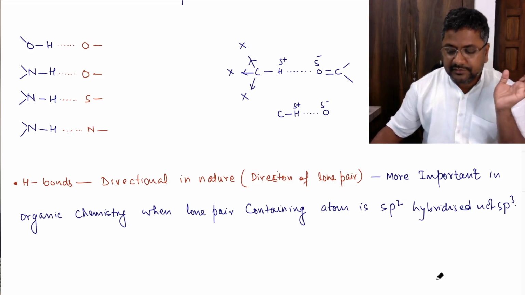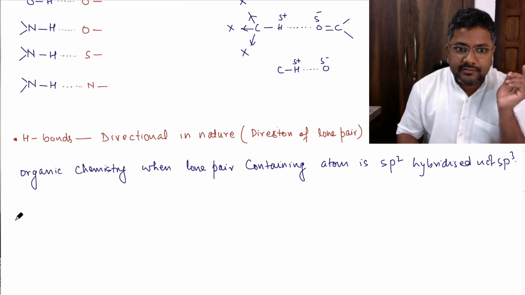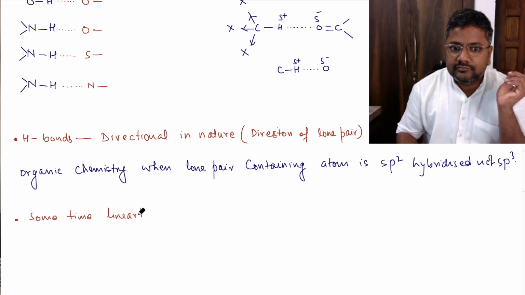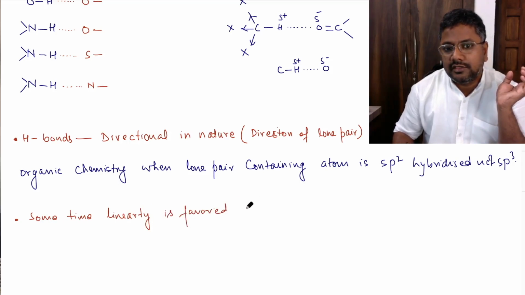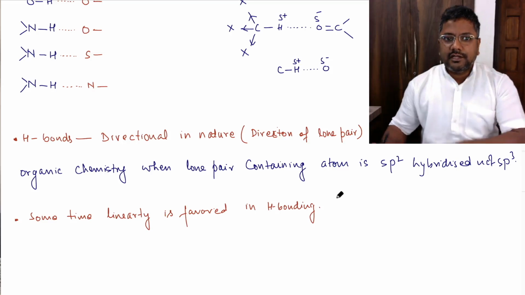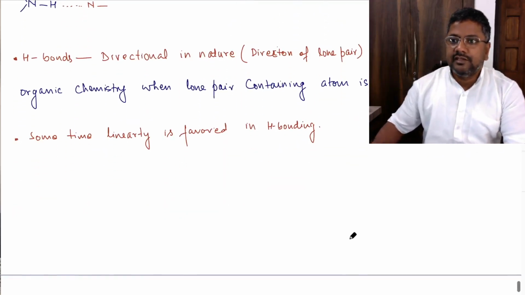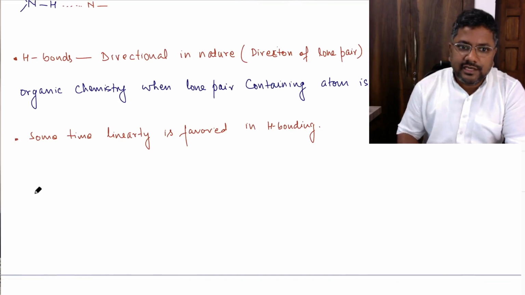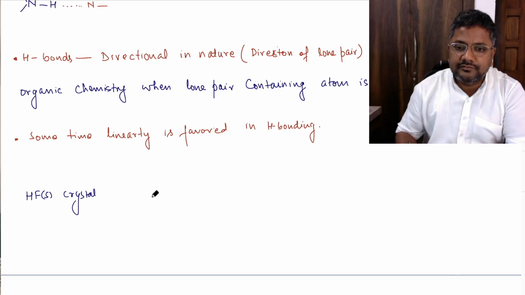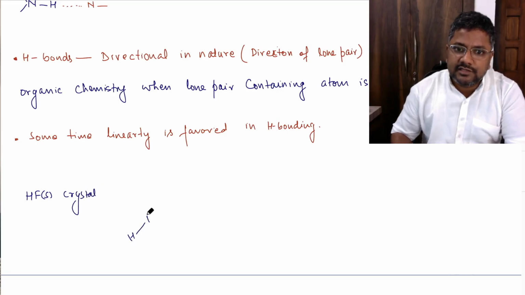So we can write here, sometimes, not always, linearity is favored in hydrogen bonds, right? So let's see some examples here. If we see the HF solid crystal, so see this HF.